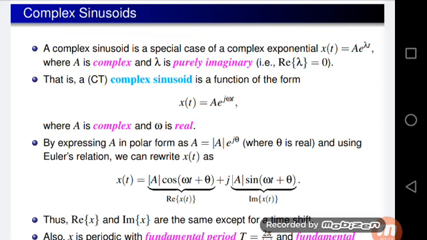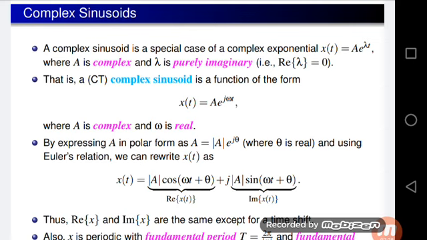That is, a continuous time complex sinusoid is a function of the form x of t equal to A e power j omega t, where A is complex and omega is a real number.